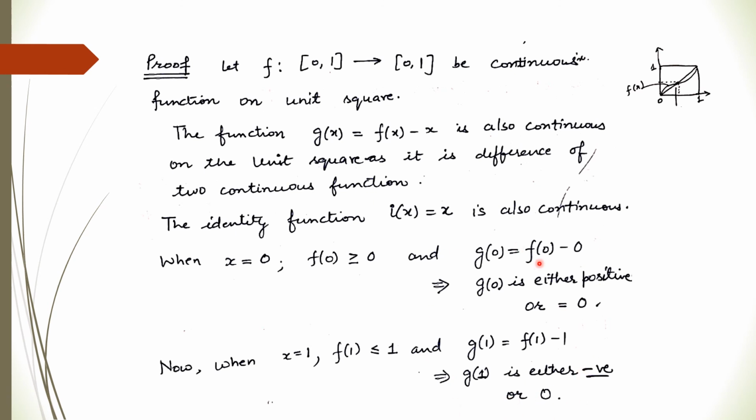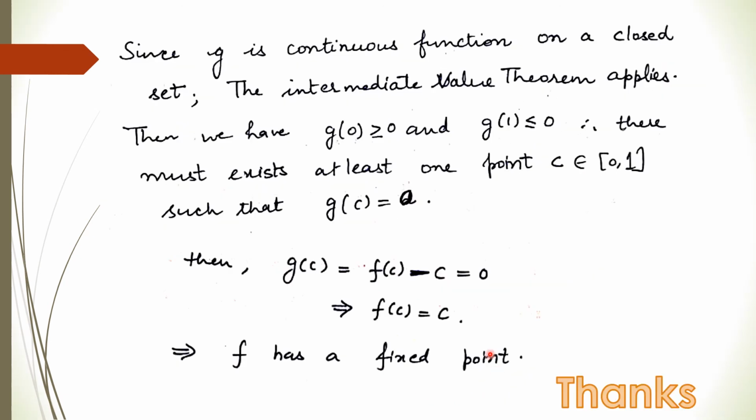On this interval the function must have at least one root. This is by the intermediate value theorem. So there exists at least one point c in the closed interval [0, 1] such that g(c) is 0.